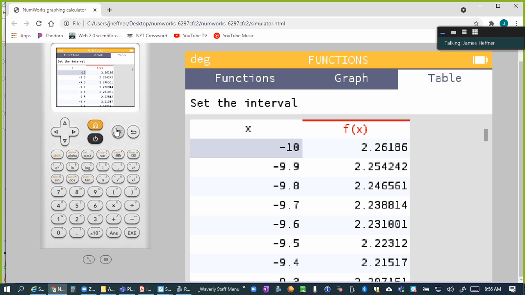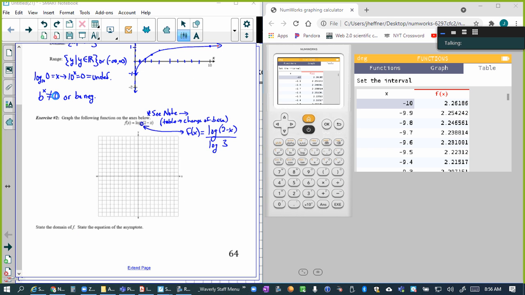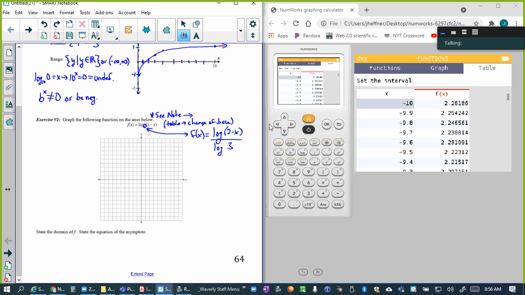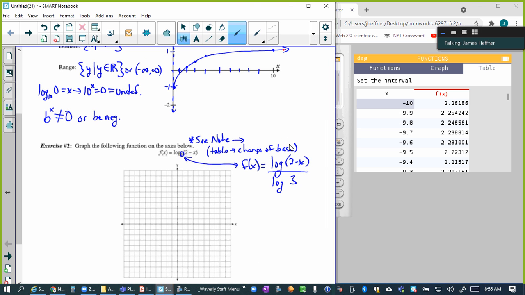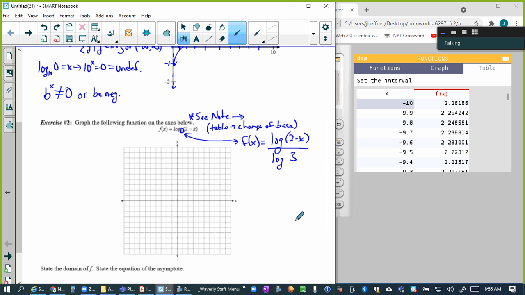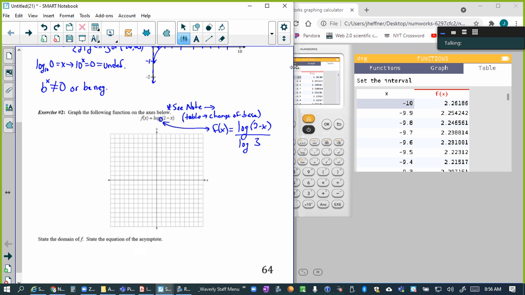Okay. So here are some values. Maybe I could split screen this. That might work. Oh, it's not big enough though. Maybe this. Okay. This might work. So we have some values over here. Darn it. I thought that was one. All right, so at -10, we're at about what? 2.26.